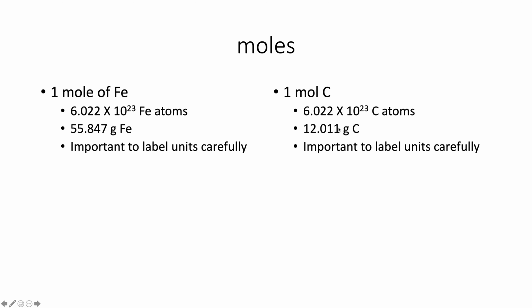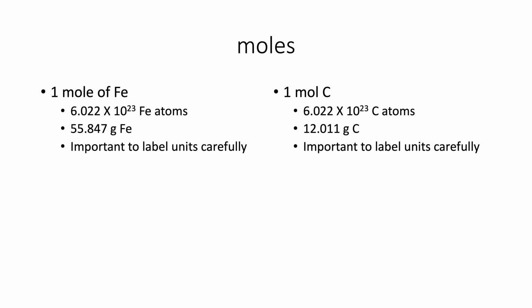It's a good idea, because this is the first time you're doing this, to create habits. Get in the habit of not just writing grams per mole, but grams of iron per mole of iron. Don't just write atoms per mole, but iron atoms per mole of iron. As you progress in chemistry, you're going to have moles of several things, and if you just write moles, you might get confused as to which is which.